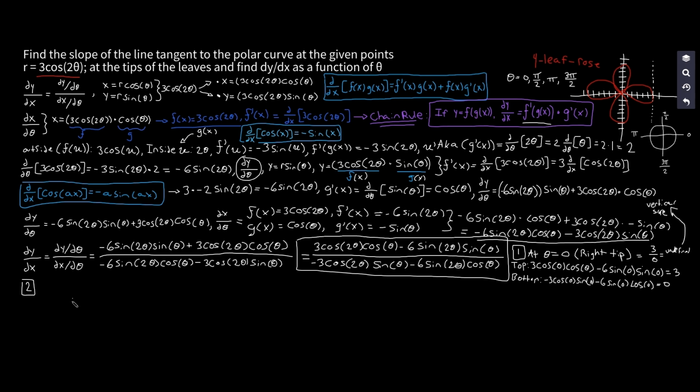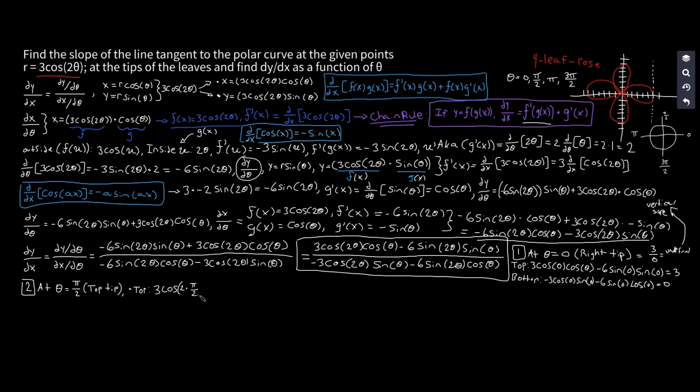And let's plug in values. So let's do the numerator of the fraction. 3 cosine of 2 times pi over theta.